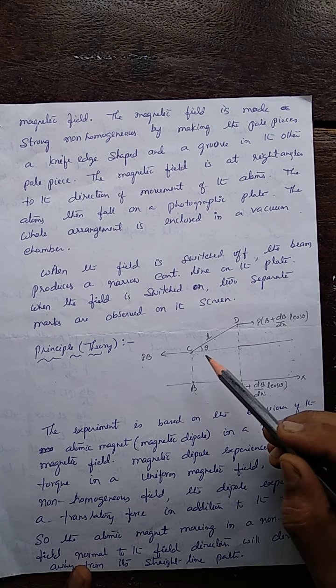The force experienced by the pole C is PB, and that force is in this direction, whereas the pole D experiences the force P into B plus dB by dx L cos theta. Force is P into the strength of the field. That's the force.